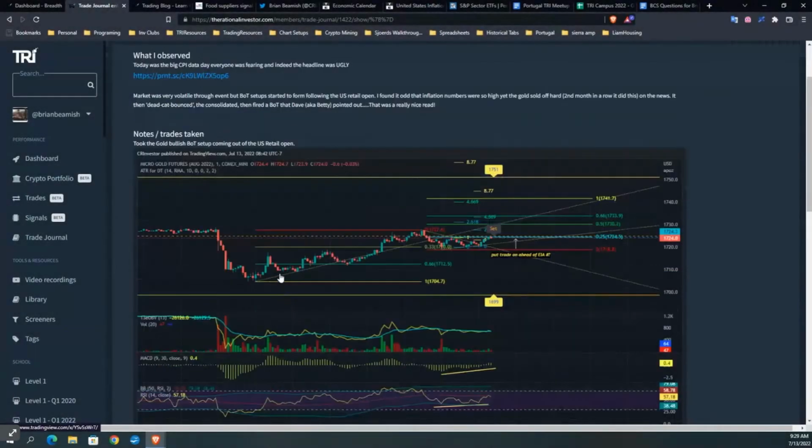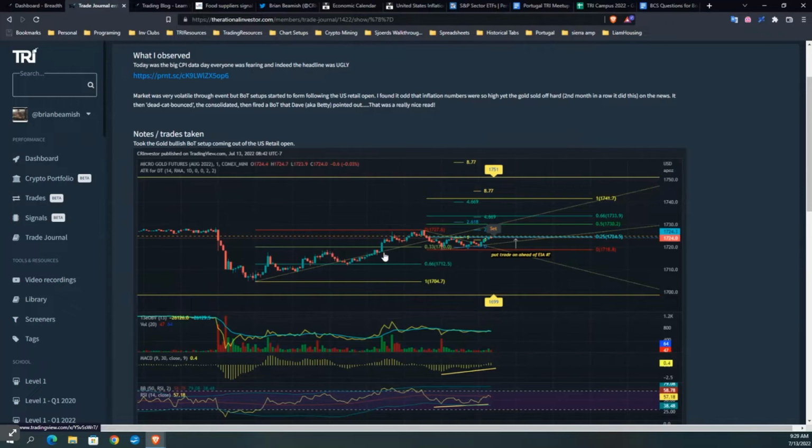This is something that I think you could all write down in your journals, because I've seen this now 2 or 3 times in a row here. Something suspicious is going on, where the inflation number comes out, it's uglier than ugly, which means inflation, right? The purchasing power of the currency is falling, and yet the gold market actually sells off initially on that headline number.